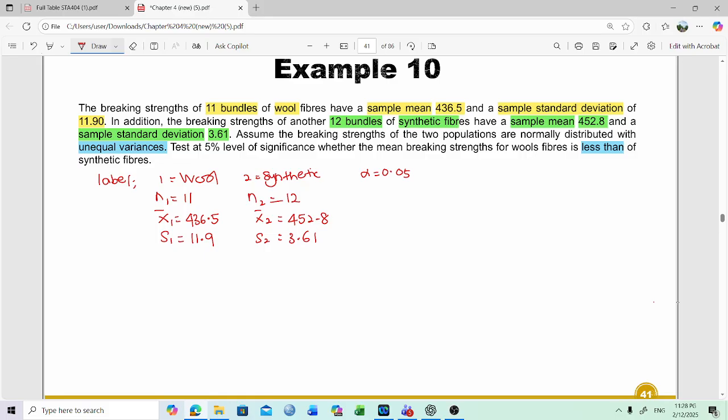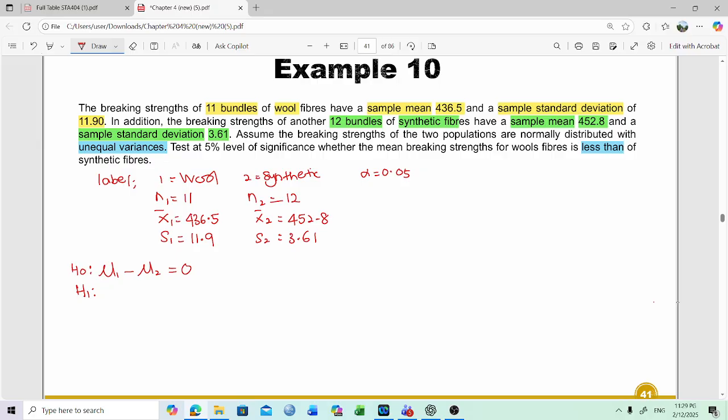So, of course, we're going to do the hypothesis testing procedure. The first step is stating the hypothesis itself. You're going to start with null and alternative hypothesis. For null hypothesis, mu1 minus mu2 is equal to 0.